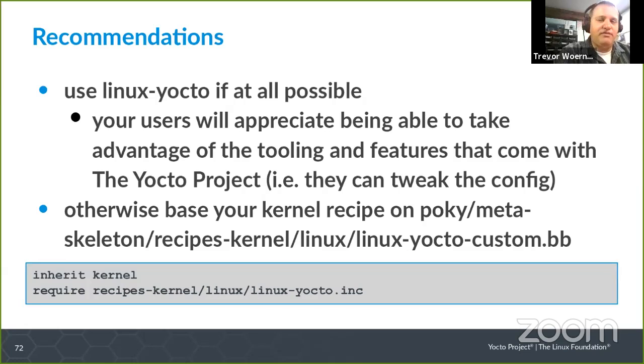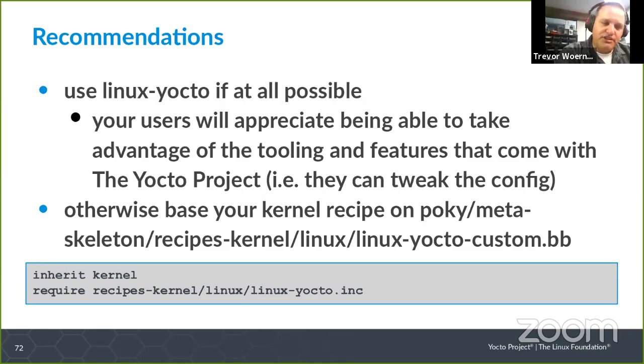But even if you can't use Linux Yocto itself, like I said early on, if you're writing your own kernel recipe you simply inherit kernel. You would need to do that. That's the base. Any kernel recipe would have to inherit from kernel.